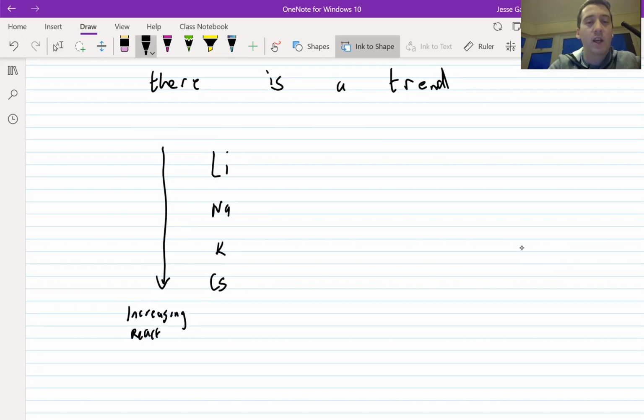This is so much the case that if we put lithium in water, for example, and lithium is the top element, remember, it's at the top of the group. It fizzes around, and guys, some of you may have seen this reaction. I wish I could be in class with you guys and show this. If you're a chemistry teacher, this is one of your absolute favorite reactions to do because they are cool.